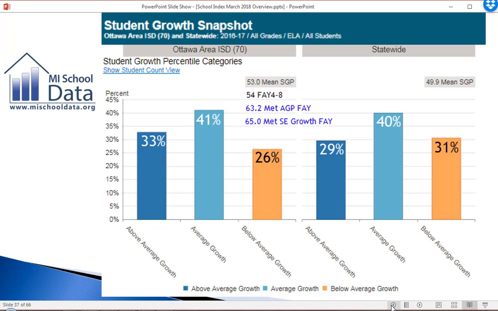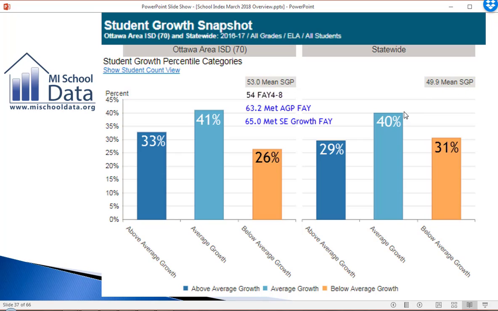Now just to point out to you a little bit the differences from what you're probably used to on my school data and what you're seeing in the school index. My school data is going to report the student growth percentiles, and we'd expect, based on the state average, to have about a 50.0 or 49.9 mean student growth percentile.